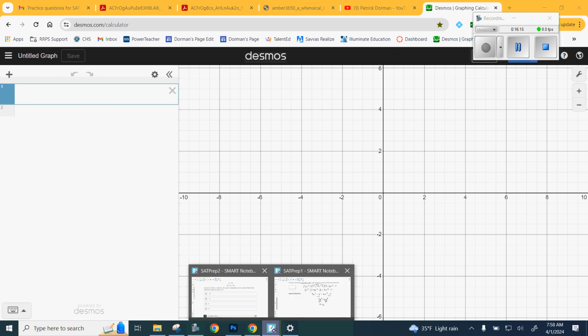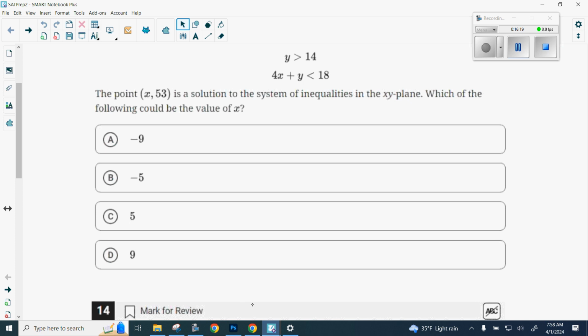What do we got? y equals 14, 4x plus y 18. Let's see if we can graph this. This one's ready to go, right? I'm just going to put in my graphing calculator y equals 14.